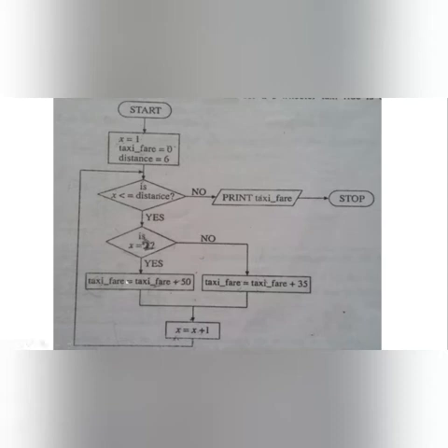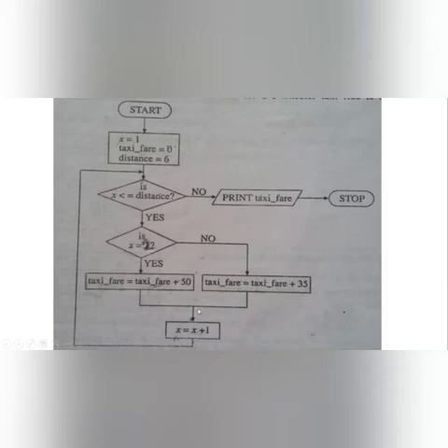And as we go along the no path, we meet a process. In this process, they say the new taxi fare equals the old taxi fare plus 35. The old taxi fare is 0, so the new taxi fare will be 0 plus 35, which is ultimately 35.